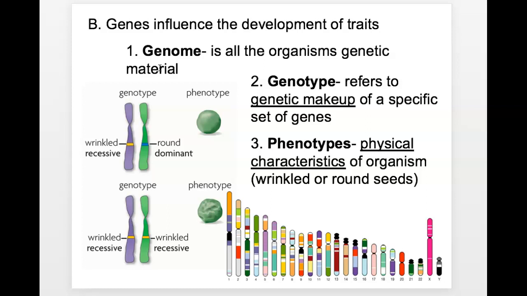So we have 23 chromosome pairs, 46 altogether. And when you look down here at the very bottom, this is an example of just one set, right? So here's 22 chromosomes. Not necessarily perfect, but here is a set.